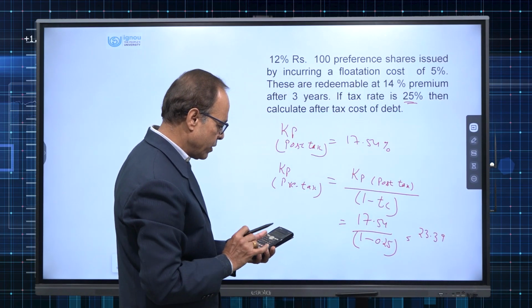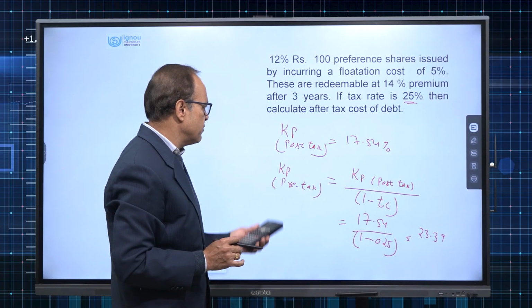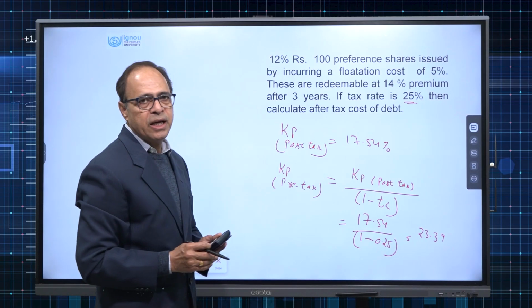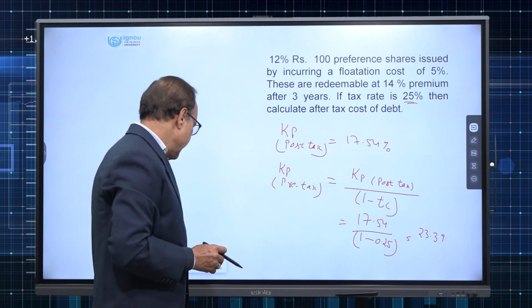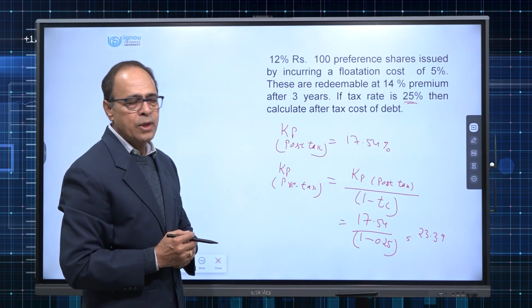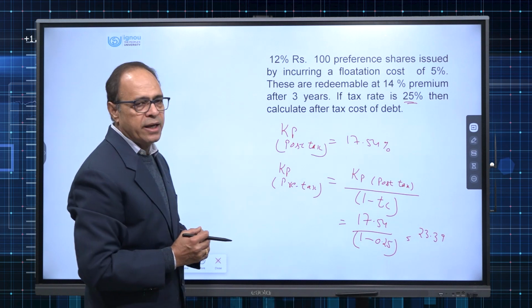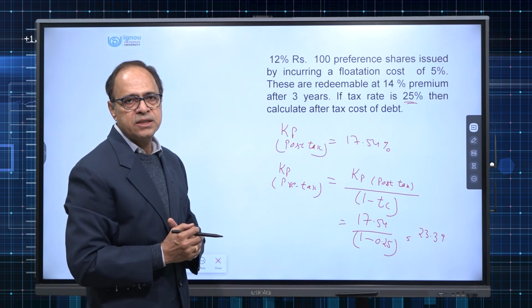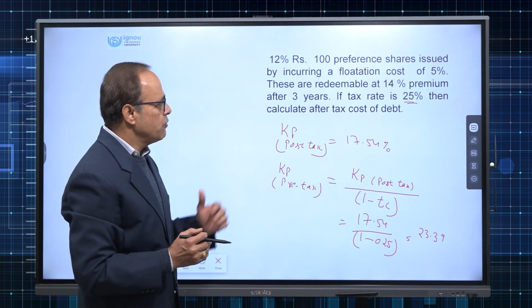So 17.54% will remain post-tax, and if they ask you for the pre-tax, divide by 1 minus TC, you get the answer for pre-tax cost of preference share capital. So this is the way sometimes examiner might ask you to calculate pre-tax cost of preference share capital. We proceed further.